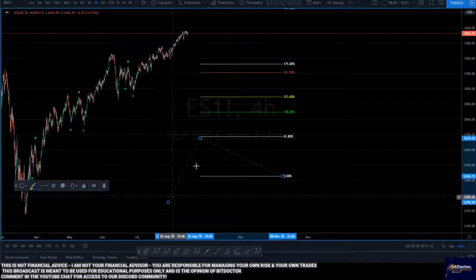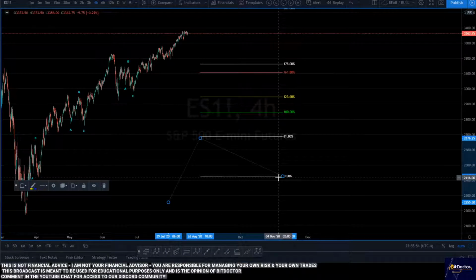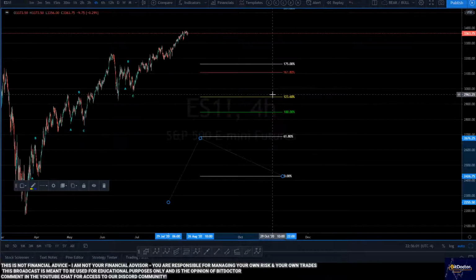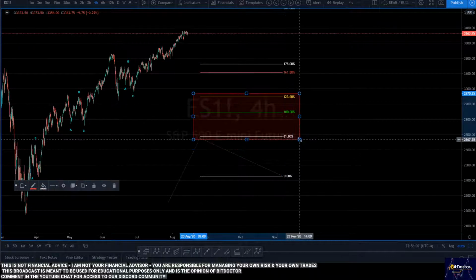You've got the start of a move, something that finished, and then it pulled back. So this pullback is going to be where we're doing our ABC corrections. Then what you've got to the upside, I've got the 618, the 100, the 123.6. Just for clarity, these are targets for a correction.